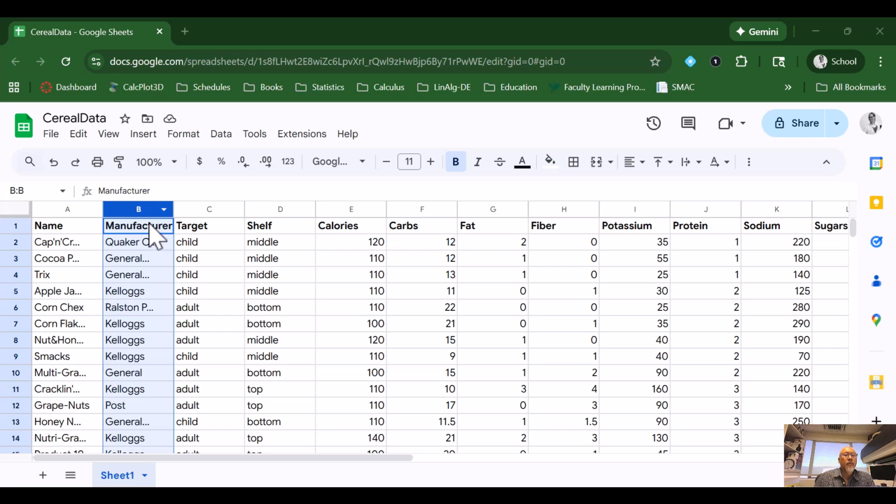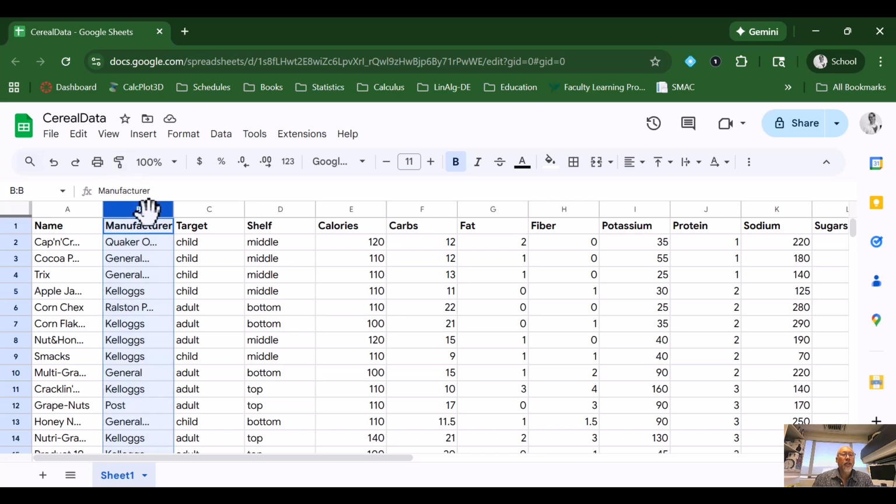All right, for qualitative data, it's quite easy to come up with a graph. I know I said to make a table first, but if you can make a graph, then you can easily construct your table. So let's pick one of these qualitative data sets, and that would be manufacturer, for example.